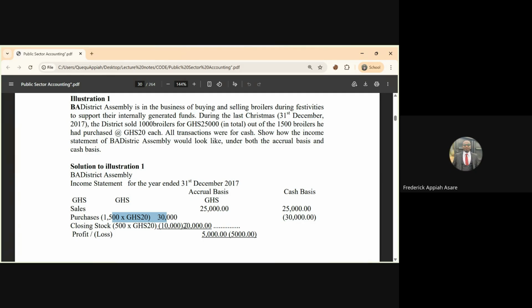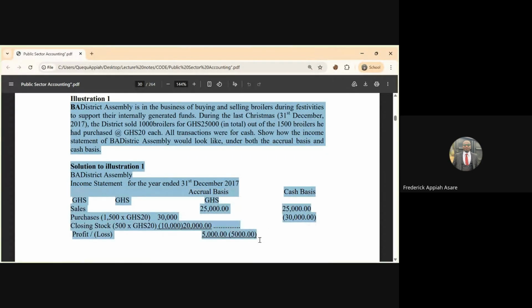The calculation is not that important now because we are just trying to differentiate between the accrual basis and the cash basis.